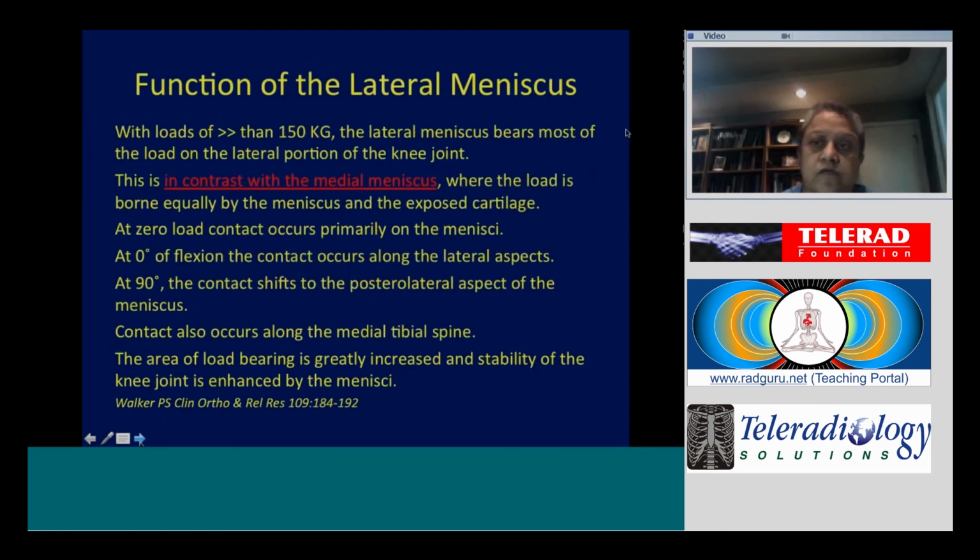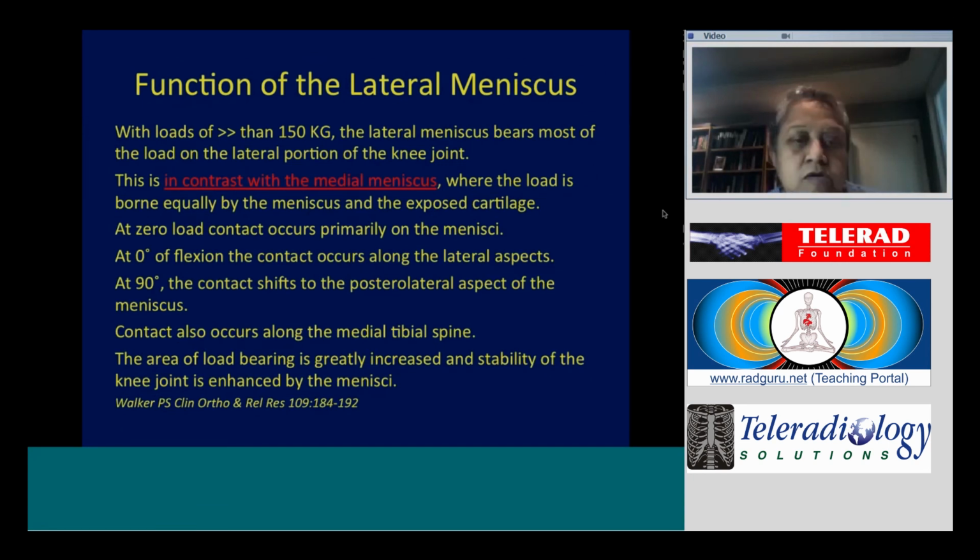The function of the lateral meniscus, to reiterate, is as follows. With loads of greater than 150 kilograms, the lateral meniscus bears most of the load on the lateral portion of the knee joint. In contrast with the medial meniscus, where the load is borne equally by the meniscus and the exposed cartilage. At zero load, the contact primarily occurs on the menisci.